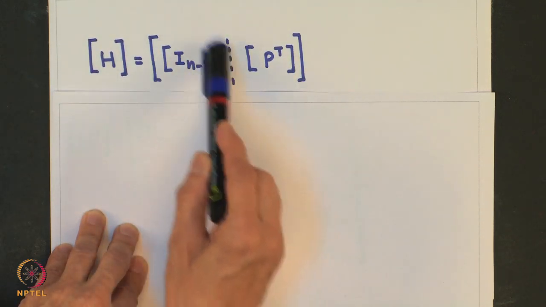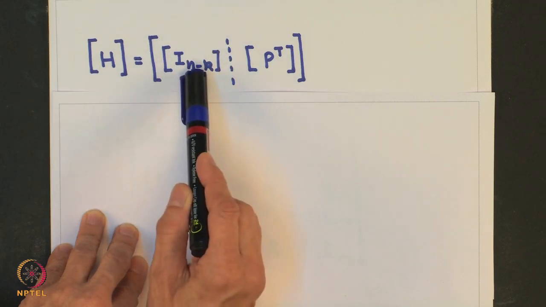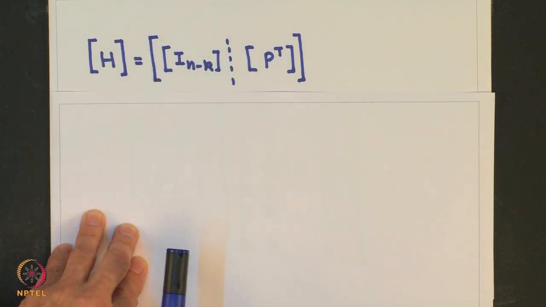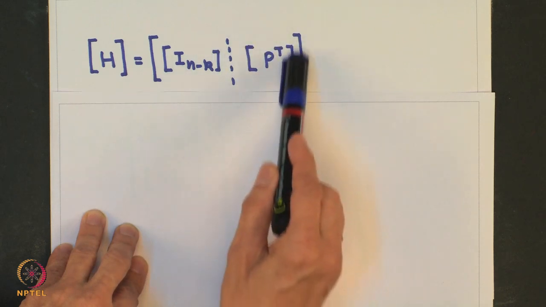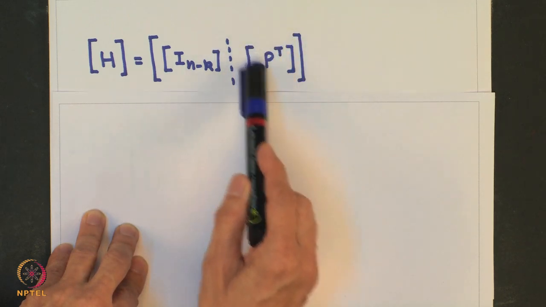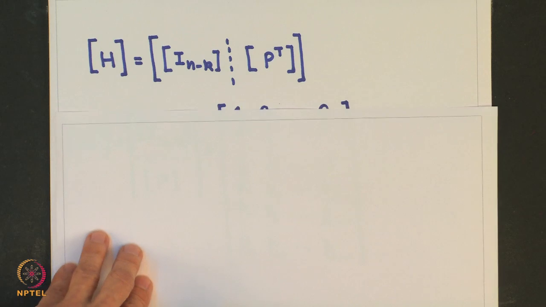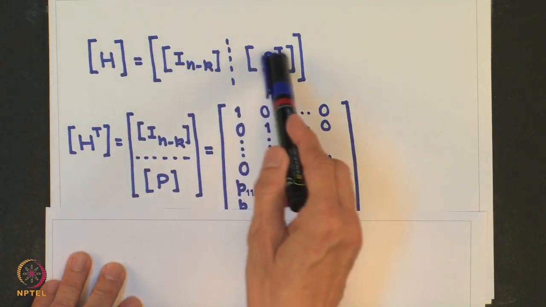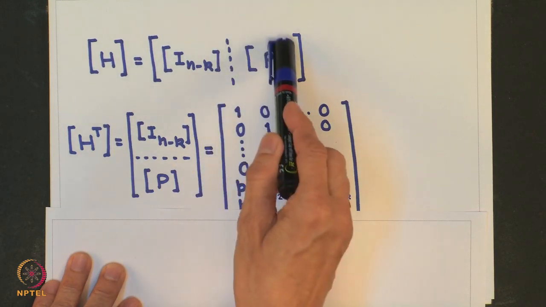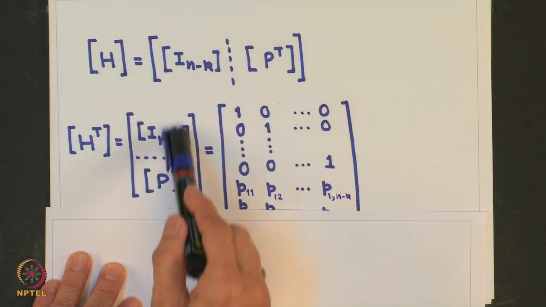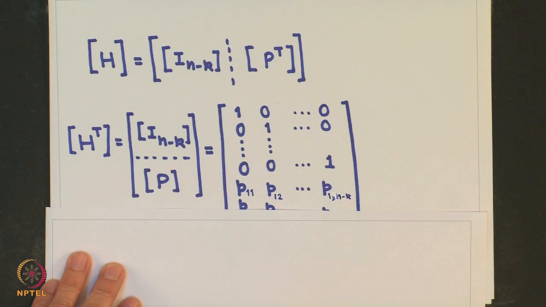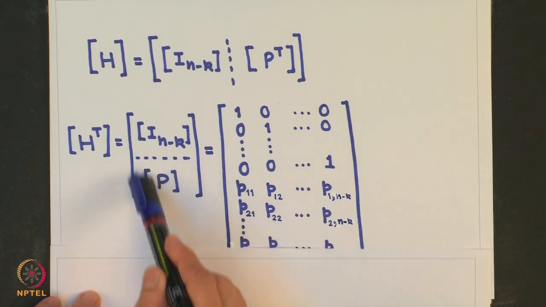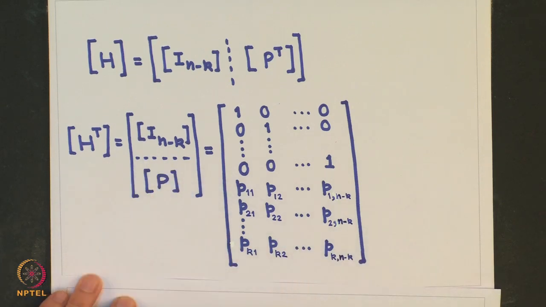So, you have an identity matrix of size (n minus k) by (n minus k) followed by the transpose of the parity array. And so, H transpose would be the transpose of this, transpose of this. So, we get the H transpose matrix this, and we know what is the parity array.